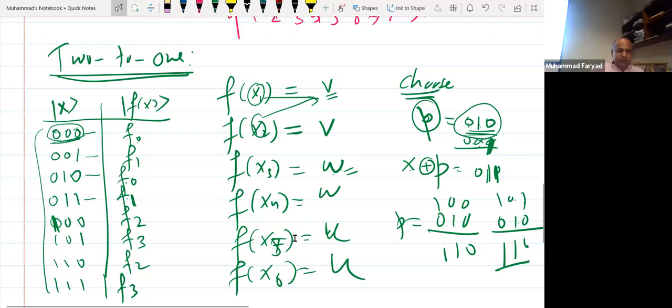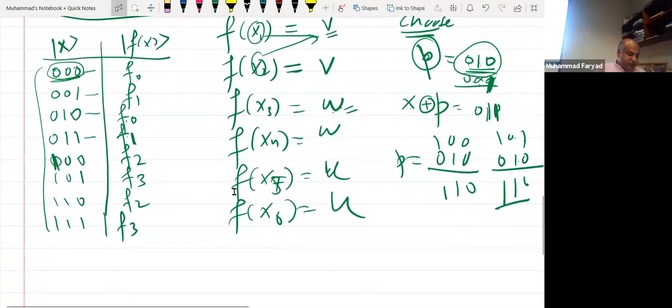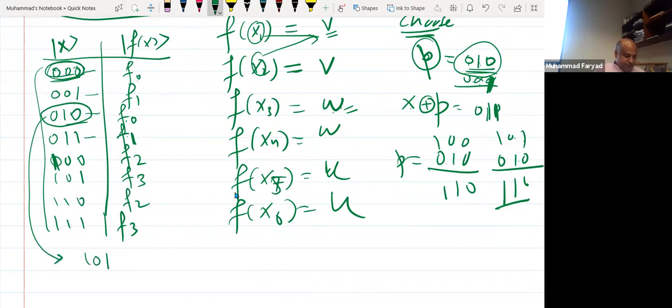And there's another thing you can notice easily. If I have this 0 1 0 number and this 0 0 0, for which the outputs are the same, if I XOR 0 1 0 with 0 1 0, I get 0 0 0, because 0 plus 0 is 0, 1 plus 1 is 0, 0 plus 0 is 0.